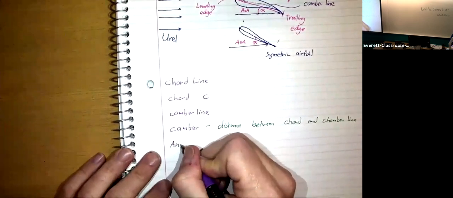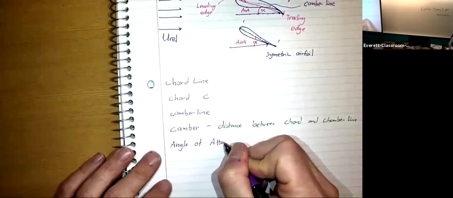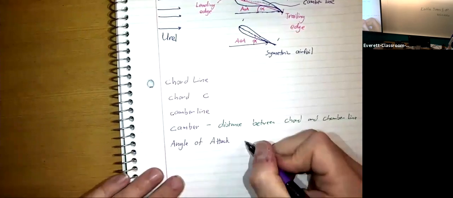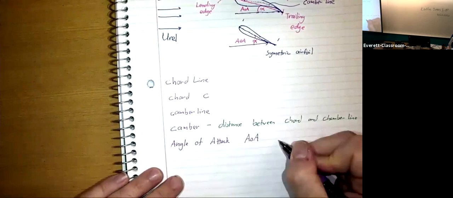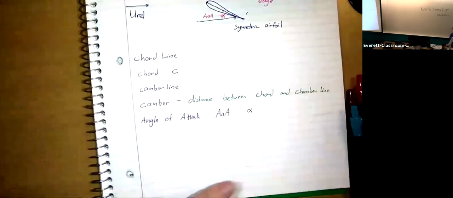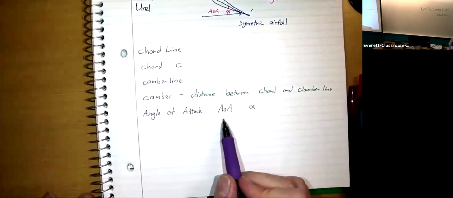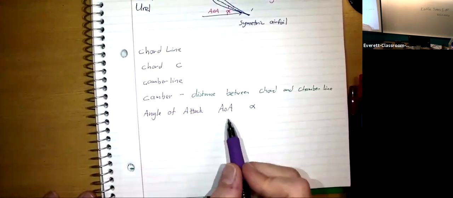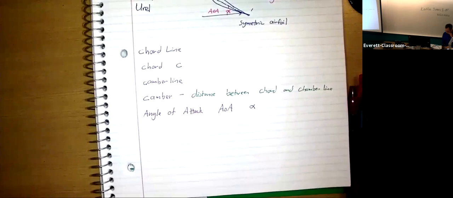We have angle of attack, which is AOA, or we can write it as alpha. I tend to write alpha for angle of attack. And I generally think older textbooks tend to use AOA. But AOA is nice, pretty obvious that's angle of attack.